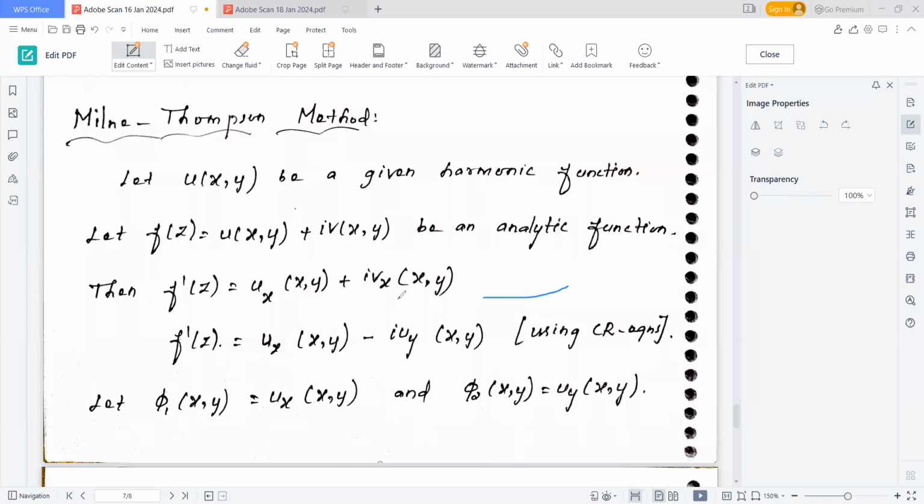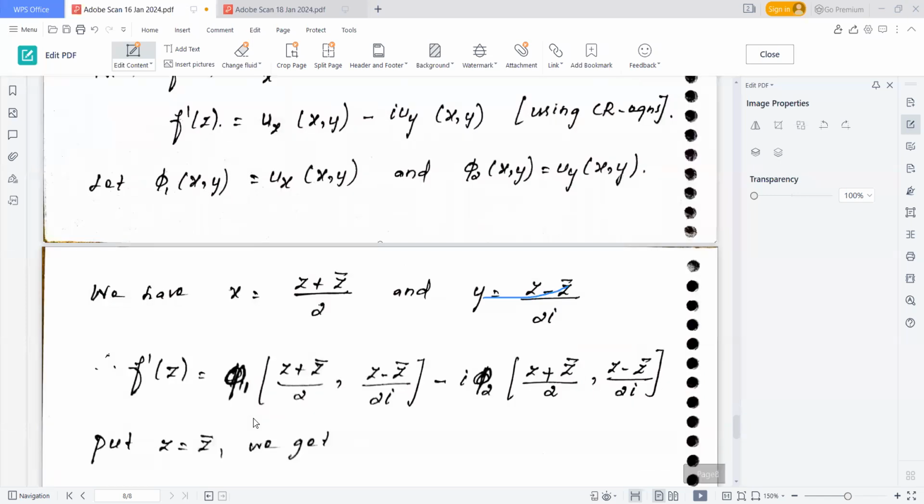In the place of vx, we are replacing vx by uy using the CR equation, and then we take ux of x comma y as phi 1 of x comma y and uy of x comma y as phi 2 of x comma y. So next we are replacing x and y with z plus z bar.